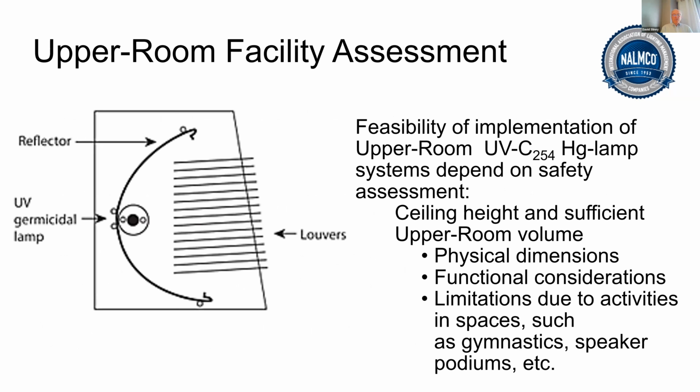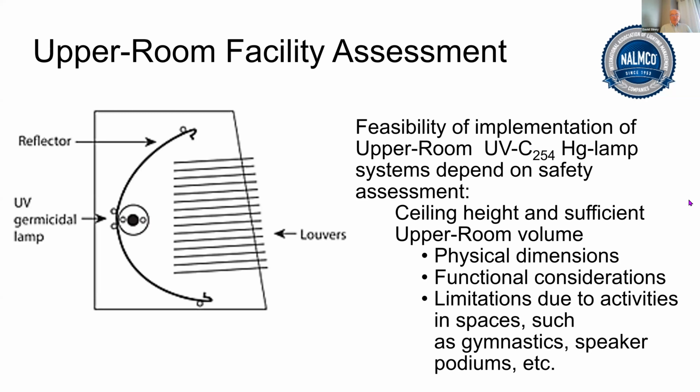Even before you install, you need to be sure that the ceiling height is really sufficient so that you'd have an upper room volume adequate for having an effective installation. So you need to know the upper room volume, the physical dimensions, the functional considerations, the limitations due to activity in the space.